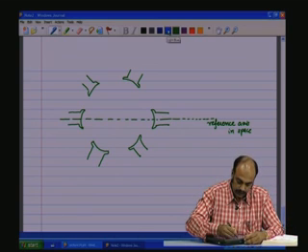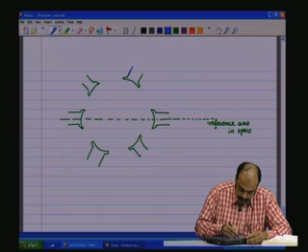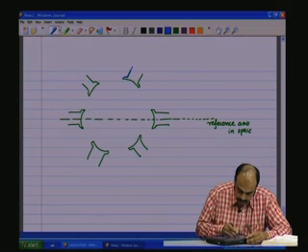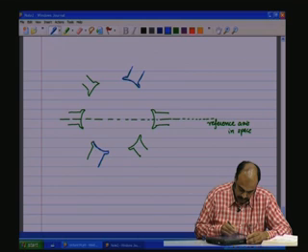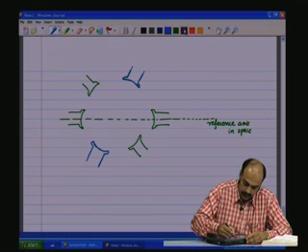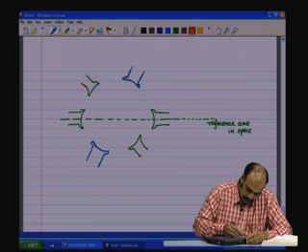So, we are going to say that these two are one pole set. This is one pole set and this is another pole set.